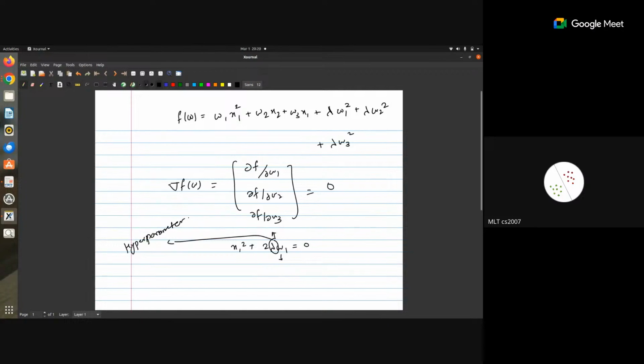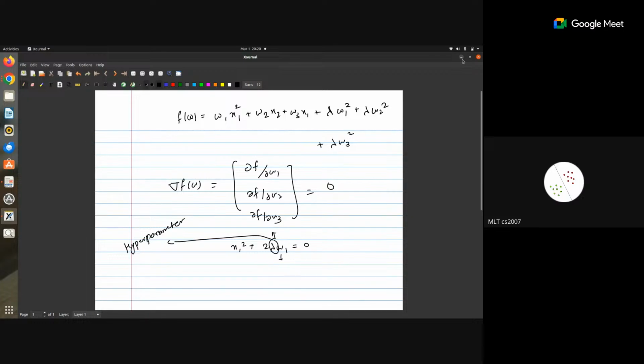Lambda is a hyperparameter, not a parameter, so we have to set it. If lambda is set high, w1 automatically comes close to 0, and then w1 and w2 become insignificant.